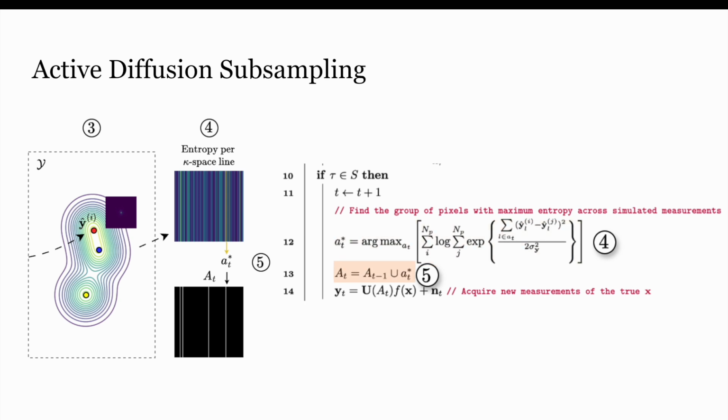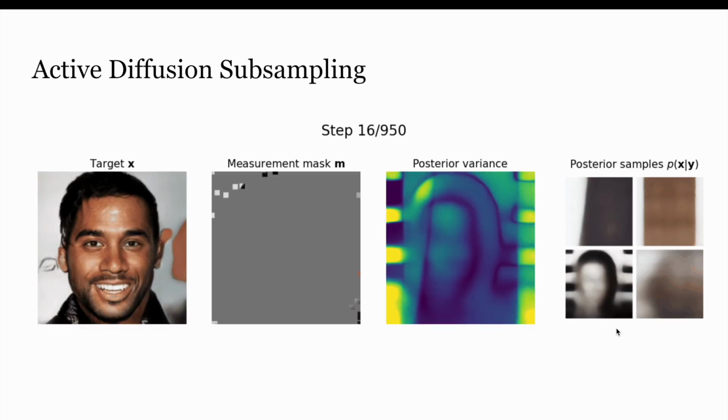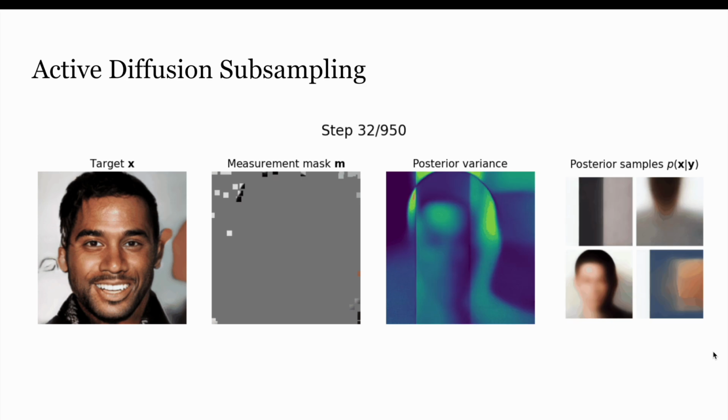We then add that to our set of measurements, and use that set to acquire our new measurements from the true signal of interest. So Y_t here refers to the set of all the measurements we've acquired so far, but in reality, with a sensing device like an MRI machine, we will just be acquiring this new measurement at A star t. And that's it. That covers the main pseudocode of the algorithm.